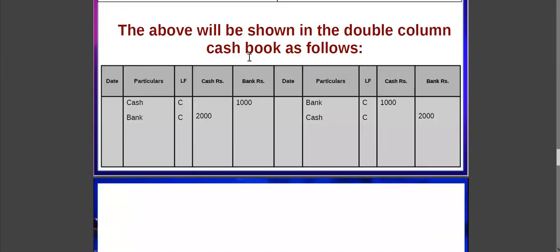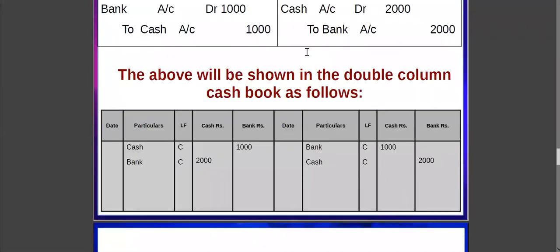The above will be shown in the double column cash book as follows. See how we can enter it in the cash book. First entry, deposited into bank. So watch clearly. Bank account debit: place your hand in the bank column and write 1000 to cash.